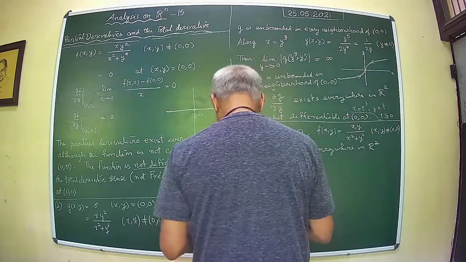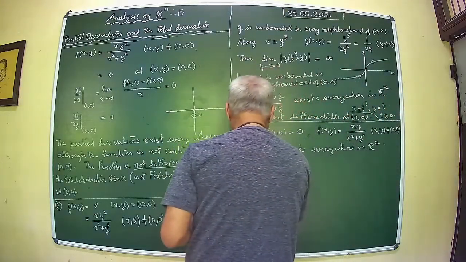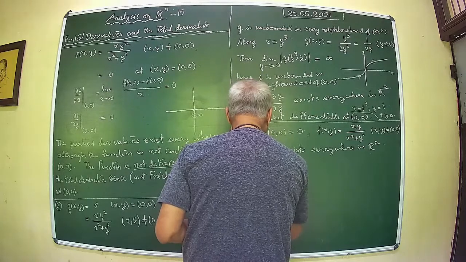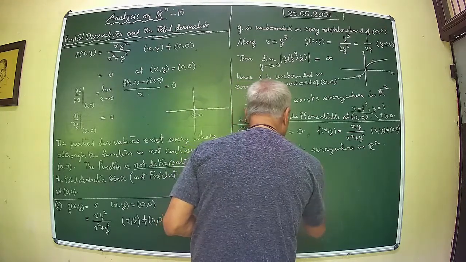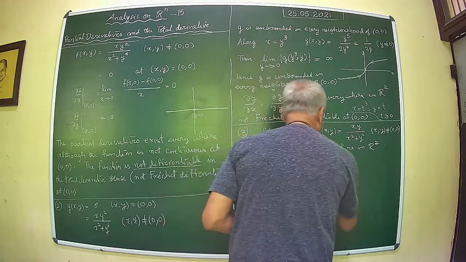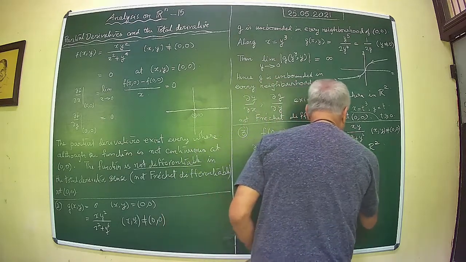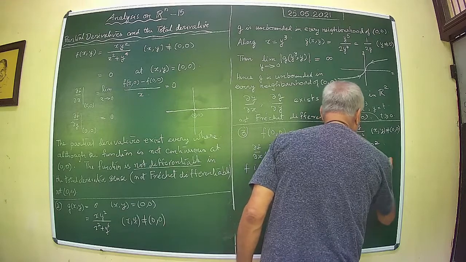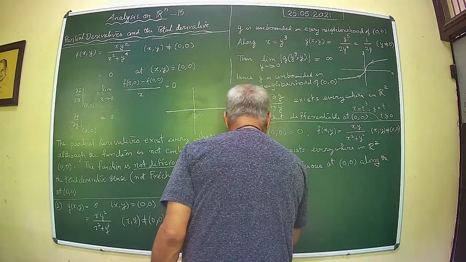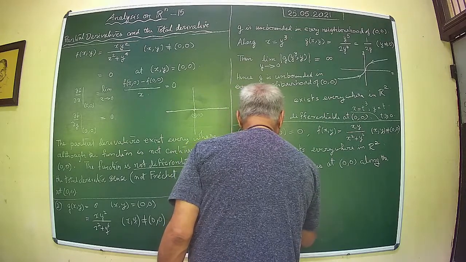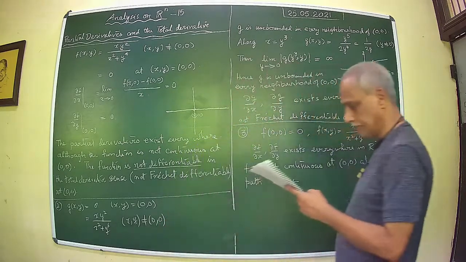You see that f is not continuous. Path x equal to y.